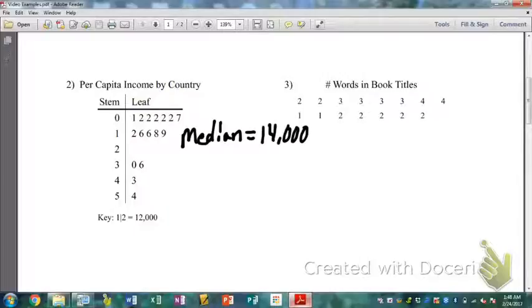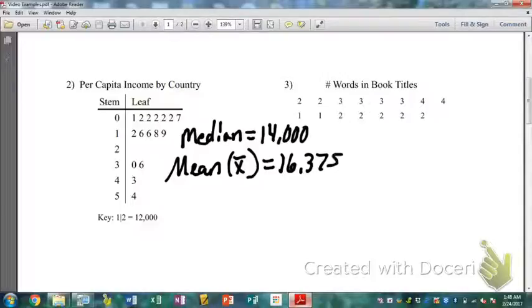I had a mean. If you also remember, that's the X with the line over it. You don't have to write both of those. Write the mean. You don't have to write the X part. You can just write mean. No, you can't just write the X. Sorry, not right now. Write mean. 16,375.